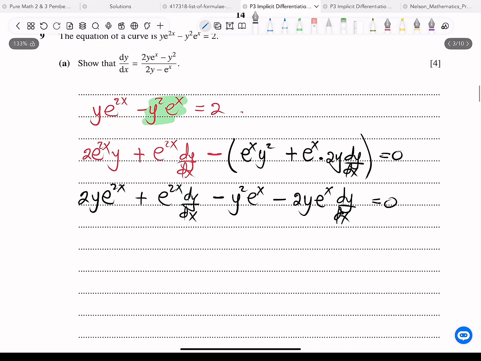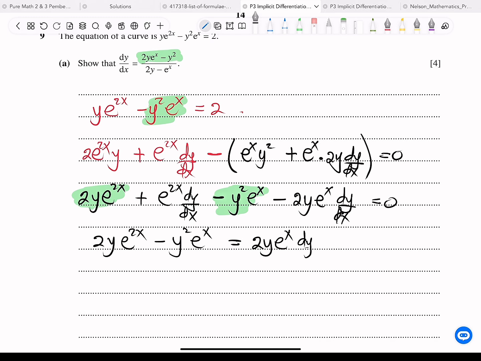Okay, now look at the numerator. Always look at the numerator. It helps you to know how to move things across the equal to sign. The numerator, we have this guy there nicely, and we have this guy also there nicely. So that means that we want to rather move our dy/dx to the other side, okay? So we keep this there, and we keep this, and we move our dy/dx. So this is positive 2y e to the power x dy/dx.